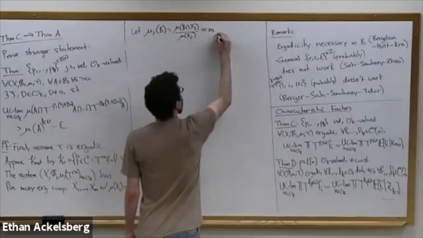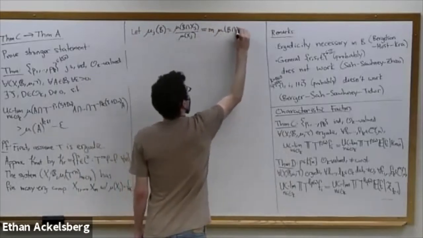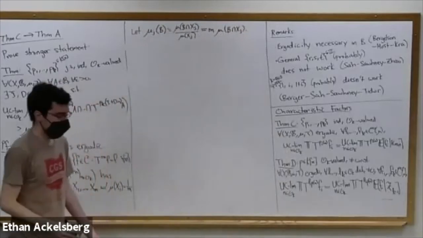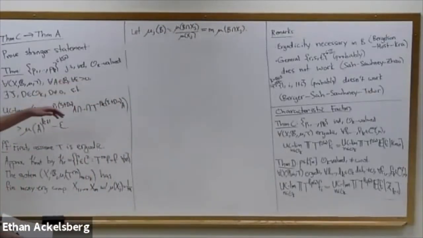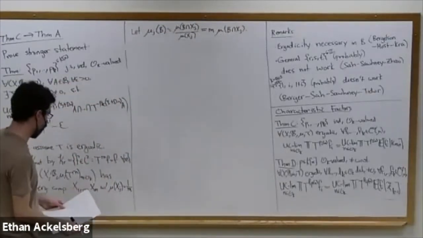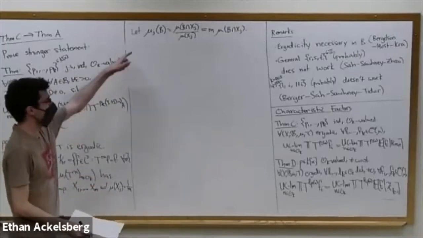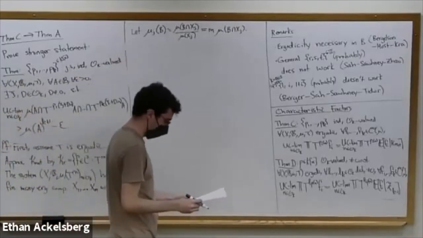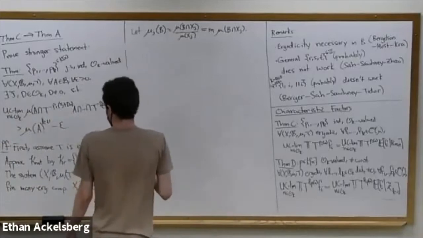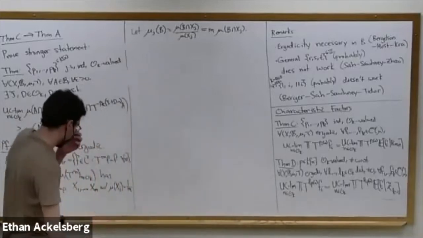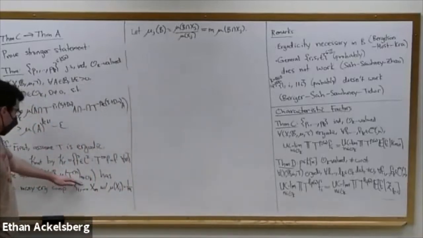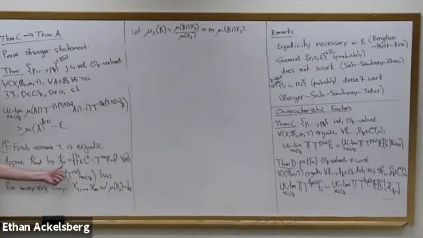This will be m times the measure of this intersection. And then your ergodic decomposition is the average of the mu j's. Okay. If we look at this, we've essentially killed the rational Kronecker factor, because this is going to trivialize the R invariant factor.